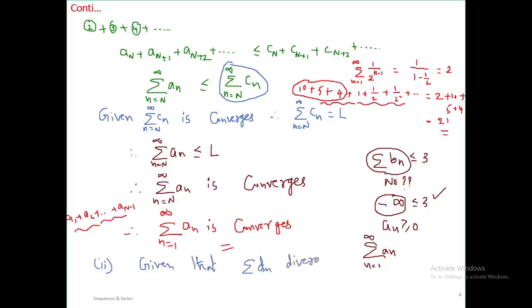This is given to us, diverges, and what else is given? an is more than or equal to dn, for all n more than or equal to some capital N. This is given to us. Then we have to prove that the series an converges.